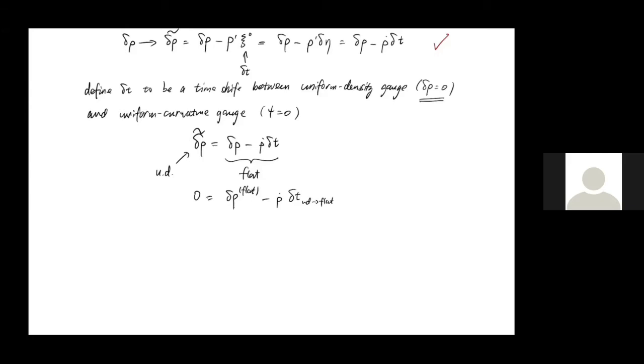Because in curvature perturbation, you can take the coordinates backwards. The curvature perturbation in a flat gauge is defined as the symbol of zeta. I will come back to this later. So this is defined as psi in the uniform density gauge.